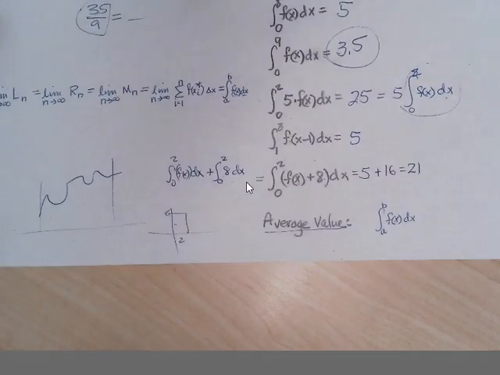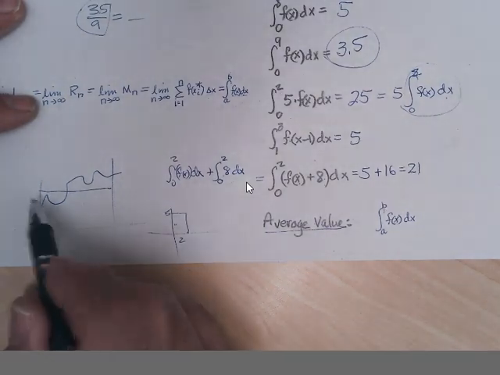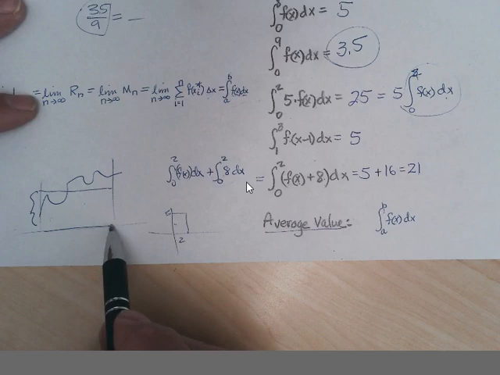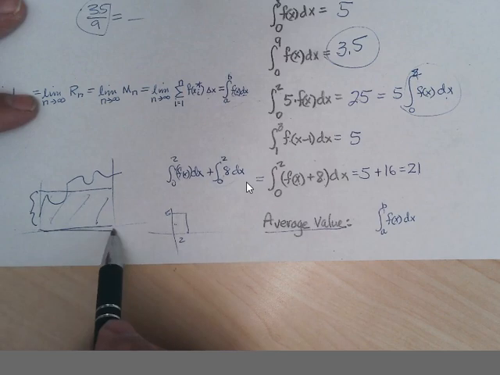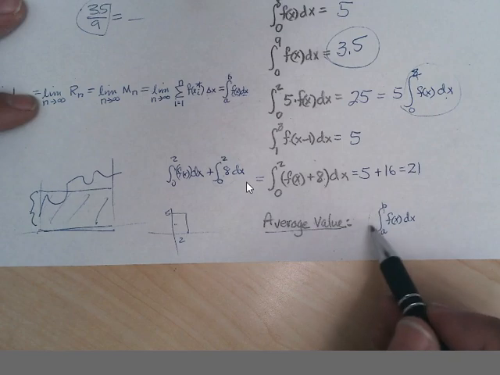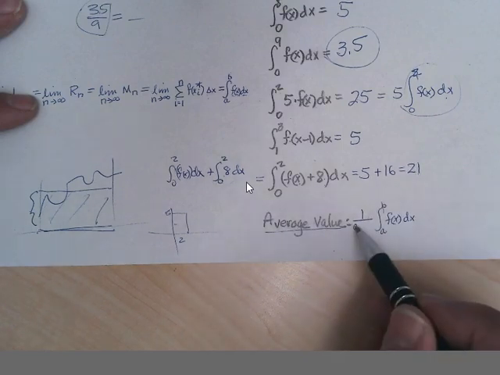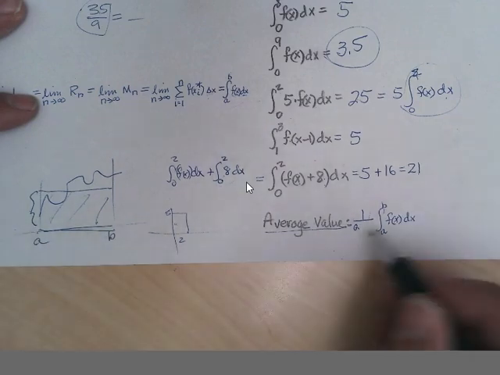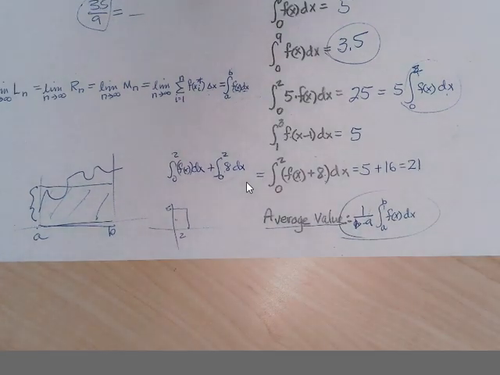Find that area, flatten it out into a rectangle, and if you want to know the height, well, the area is the height times the width, and if you know the total area, you divide it by the width and you'll know the height. So we take the total area and divide it by the width, and the width is b minus a. If it goes from a to b, the width is b minus a. And that's how you find the average value of a function.